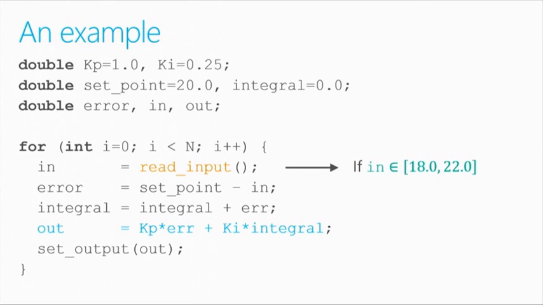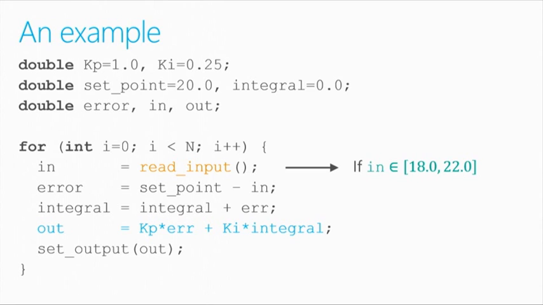So it reads the input from some sensor. It then computes how far it is away from the set point. That's the error variable here. And then it keeps in the background an integral over the last few values that it has seen. And depending on that, it makes the system go faster or slower towards the set point. So in the end, it outputs some sort of control signal in blue here that makes the system go the way it wants.